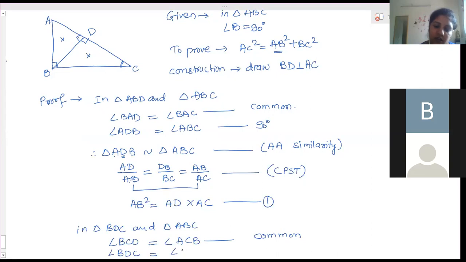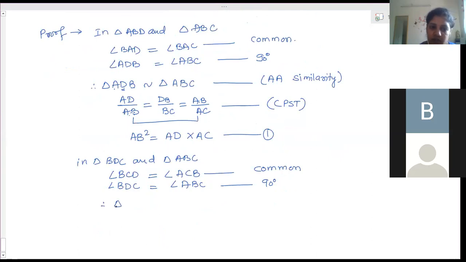Angle BDC is equal to angle ABC, both of them are 90 degrees. So therefore, triangle BDC is similar to triangle ABC. C is common, so C comes in place of C, D is equal to B so B will come, and then A. That is by AA similarity.